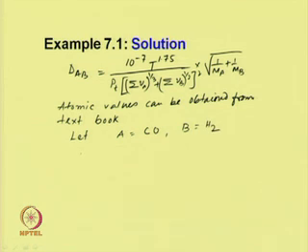Now, the summation of V_A would be 1 into carbon plus 1 into oxygen.